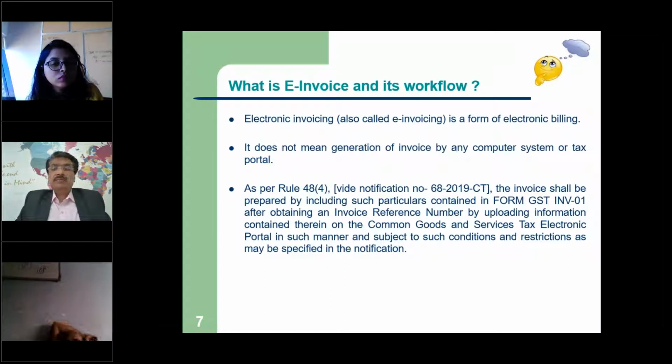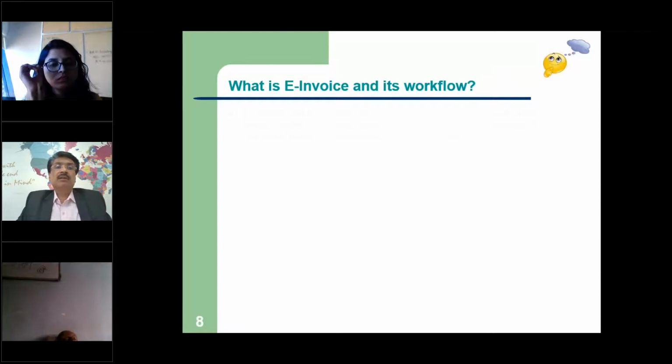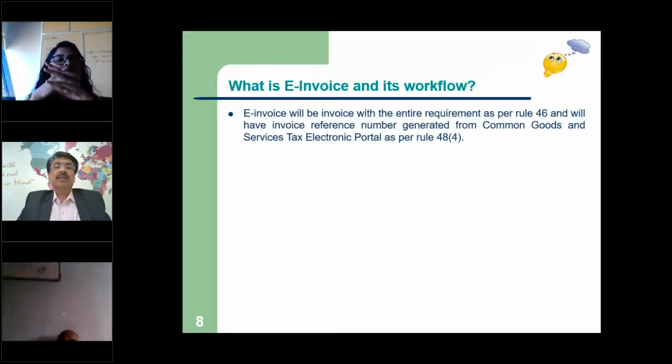The invoice, as per Rule 48(4), which is the newly introduced rule, shall be prepared by including such particulars contained in Form GST INV-01 after obtaining an invoice reference number, by uploading information contained on the Common Goods and Services Tax electronic portal. So the separate electronic portal, the IRP, will be the portal in which the invoice reference number will be generated, and that is what the e-invoice will be.